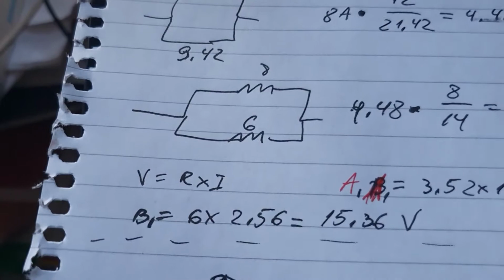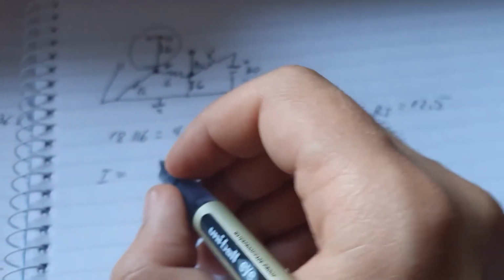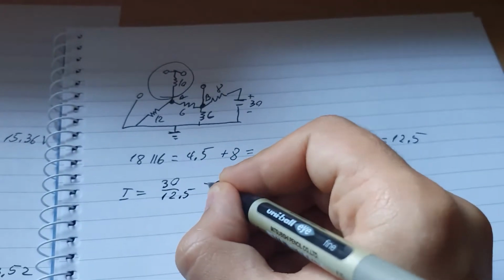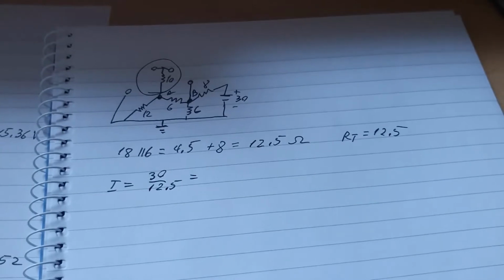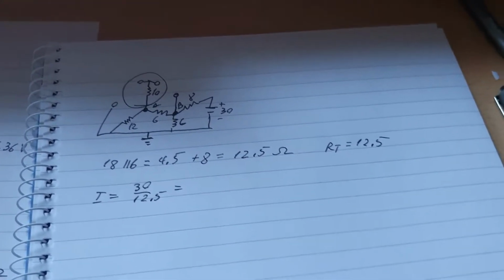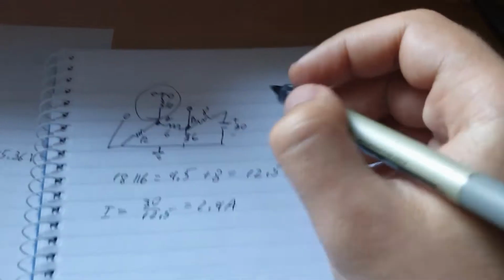Therefore I will be equal to, okay, what's the formula? V equals R times I, so I will be equal to V over R. So that will be 30 over 12.5, so 30 divided by 12.5, 2.4 amps. 2.4 amps in total.